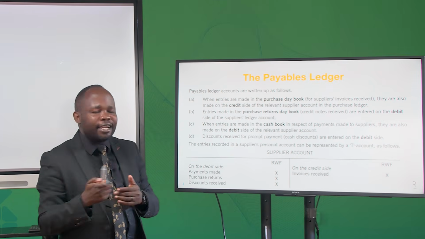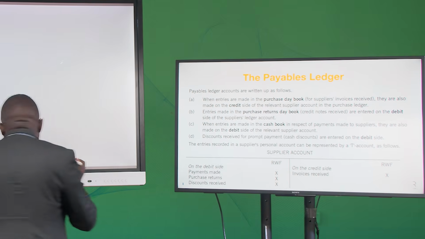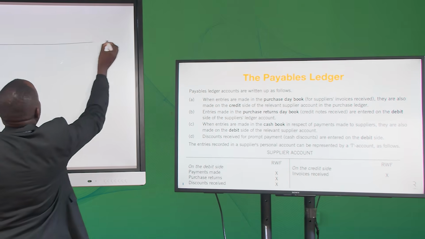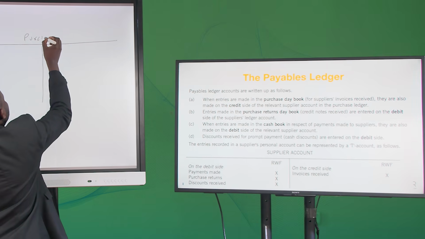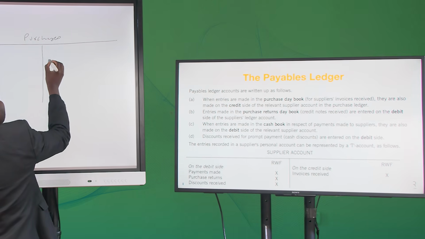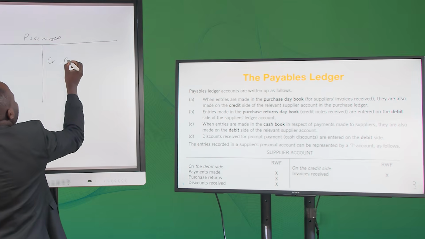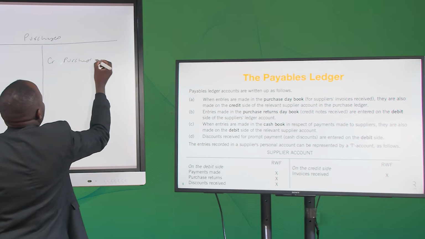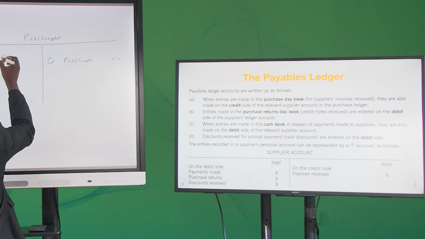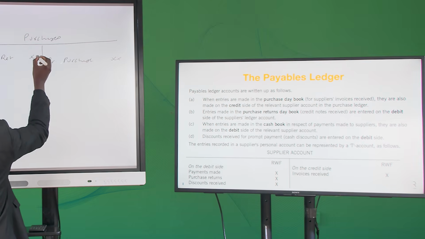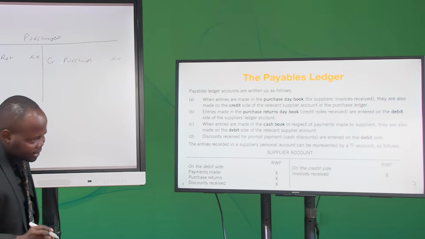Just like in the sales ledger, remember, now we are looking at the purchases ledger. Whenever there are credit purchases, we post them on the credit side. And then if there are purchase returns, we post them on the debit side.